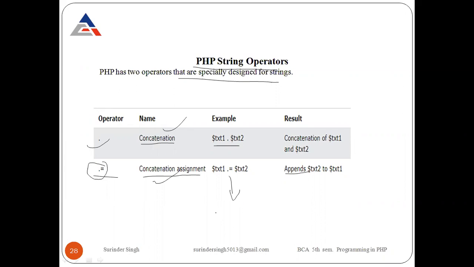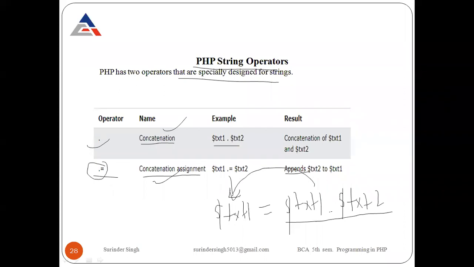This statement is equivalent to txt1 = txt1 concatenated with txt2. Okay. It will combine both the strings, and then the result will be stored back to txt1. Clear?